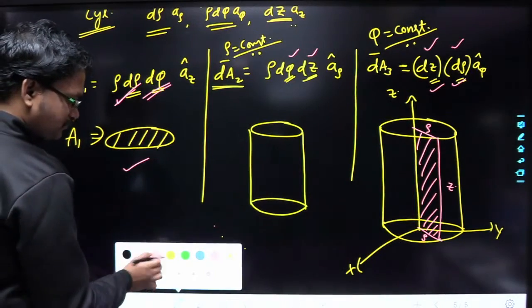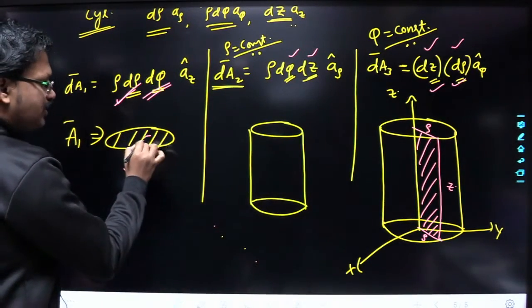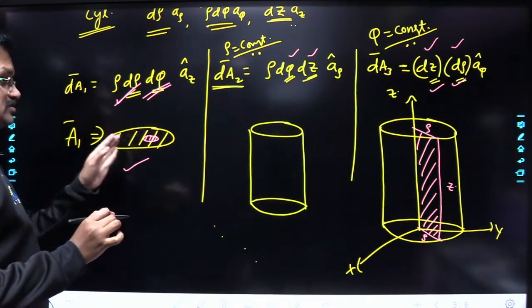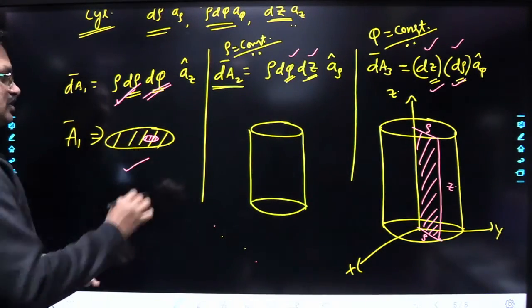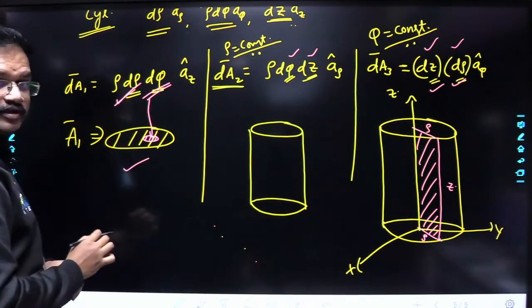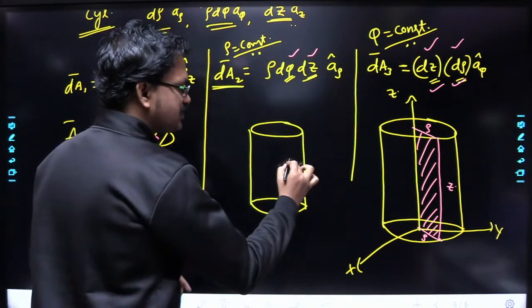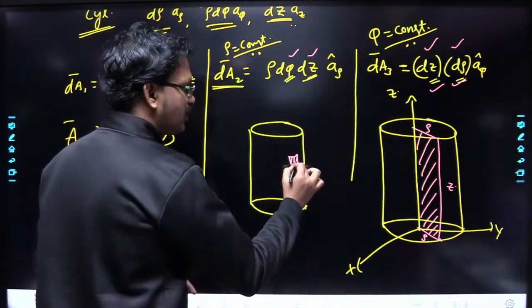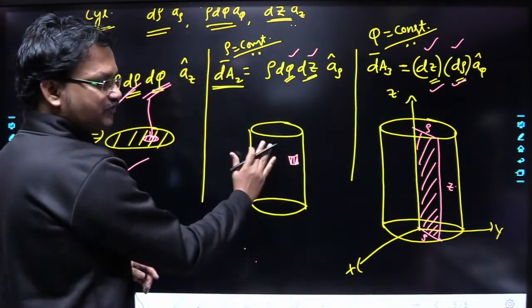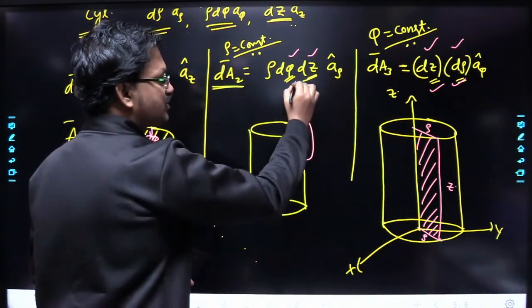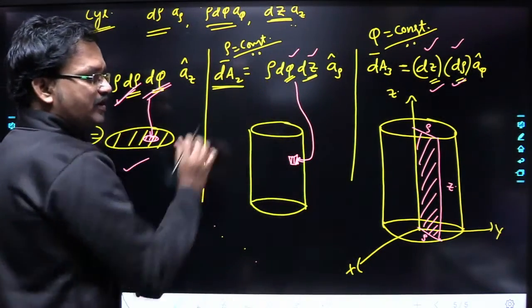Now if I consider a small differential area on the surface of the circle, this small differential area is nothing but rho d phi. Now similarly, if I consider a small differential area on this curved surface of the cylinder, this small differential area is nothing but rho d phi dz.